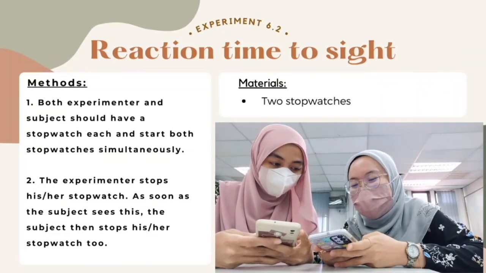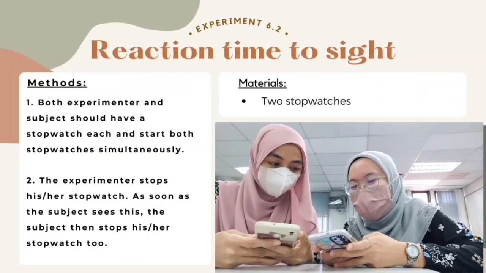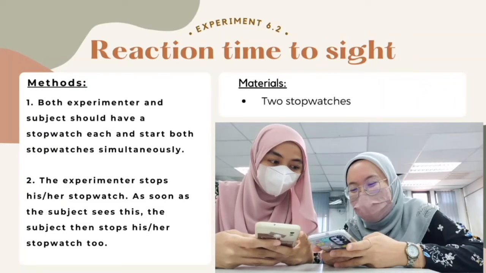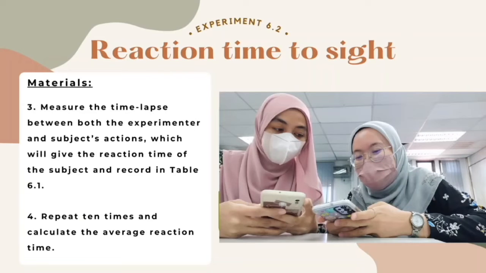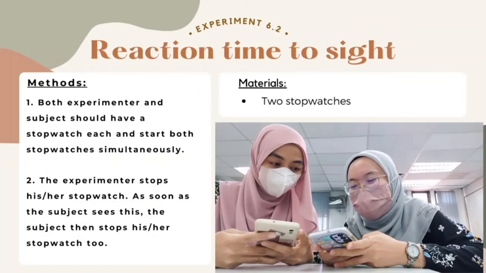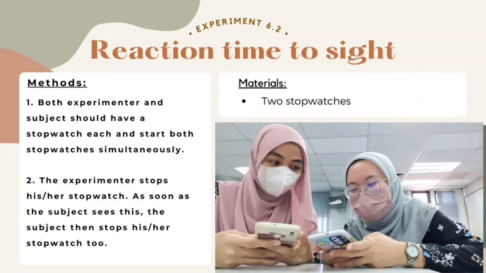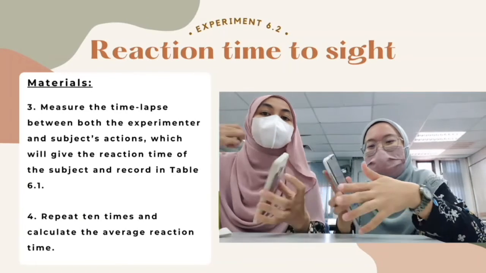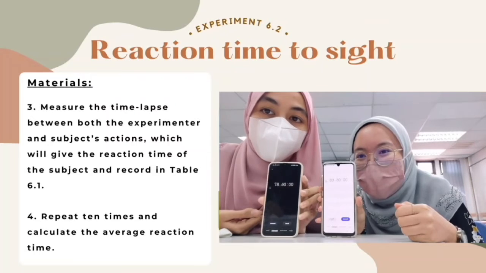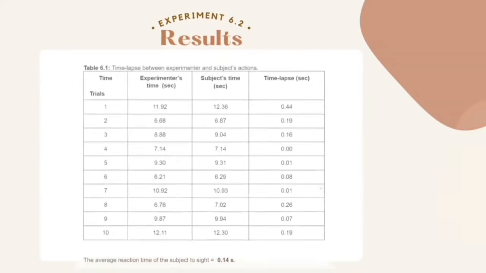As soon as the subject sees this, the subject then stops his or her stopwatch too. Third, measure the time lapse between the experimenter's and subject's actions, which will give the reaction time of the subject, and record it in table 6.1. Lastly, repeat 10 times and calculate the average reaction time.